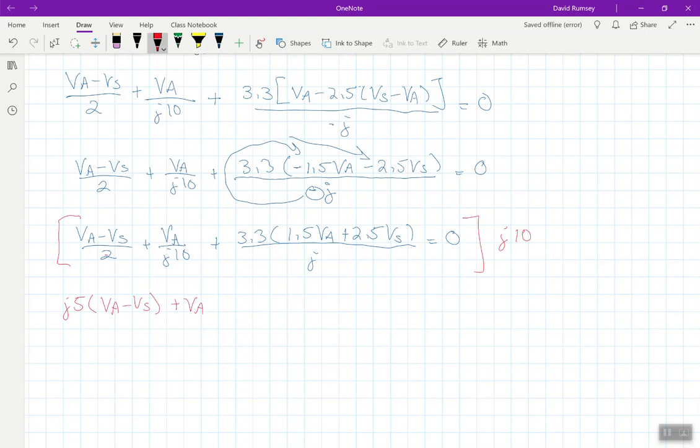These j's would cancel, and so then I'd have plus 33 times (1.5 Va plus 2.5 Vs) equals 0. Okay, let's keep simplifying, multiplying everything out.